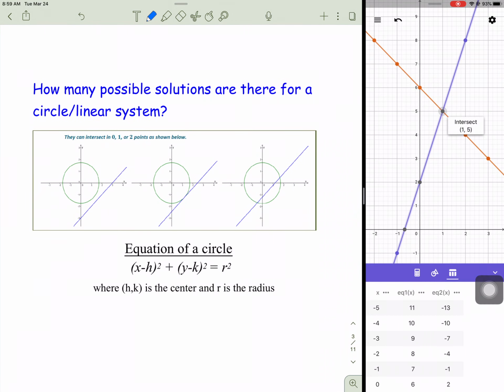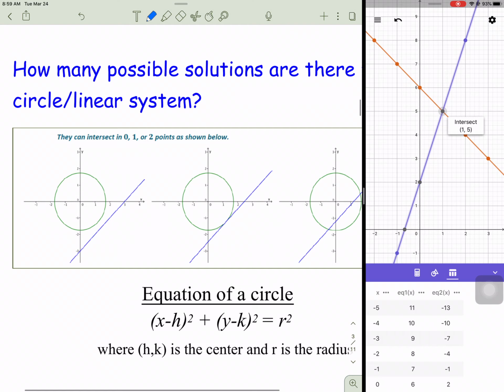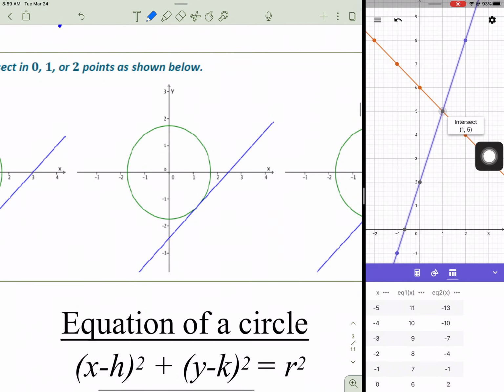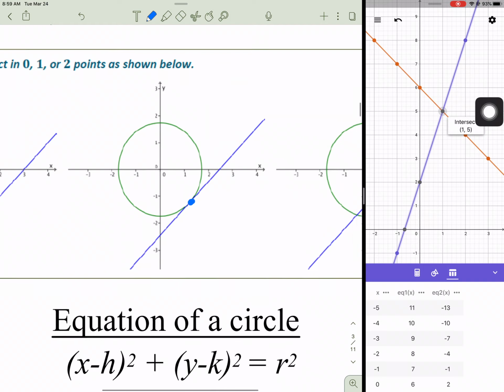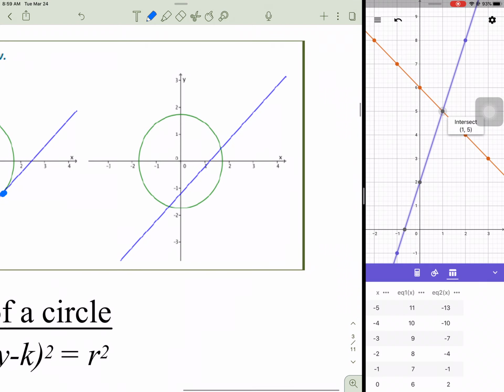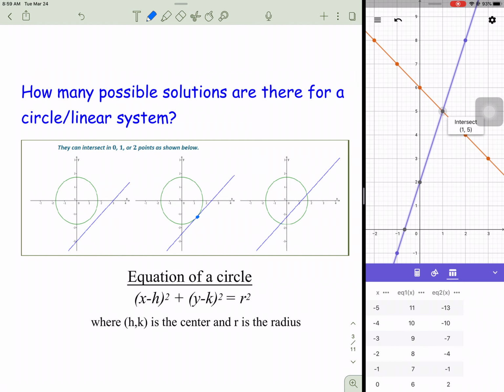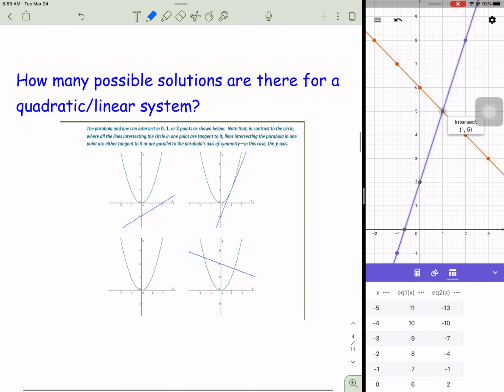Now, what about with circles? Circle-linear systems. Here's a circle and a line, they intersect no times. Here's a circle and a line, they intersect one time. This is actually called a tangent line. And then a circle and a line that intersect twice. So you could have 0, 1, or 2 solutions with a circle as well. Okay.